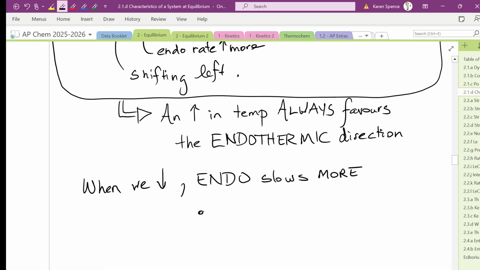Therefore, the endo is going to be slower than the exo. In other words, the exo is faster. Yeah?